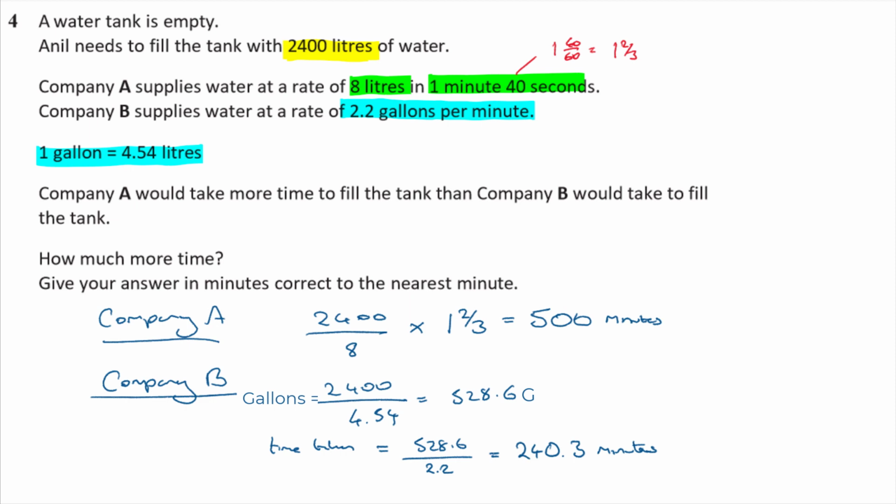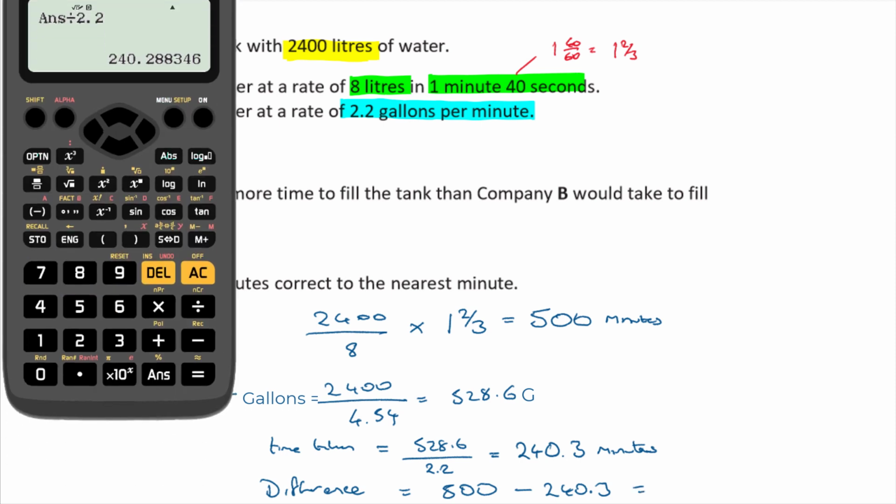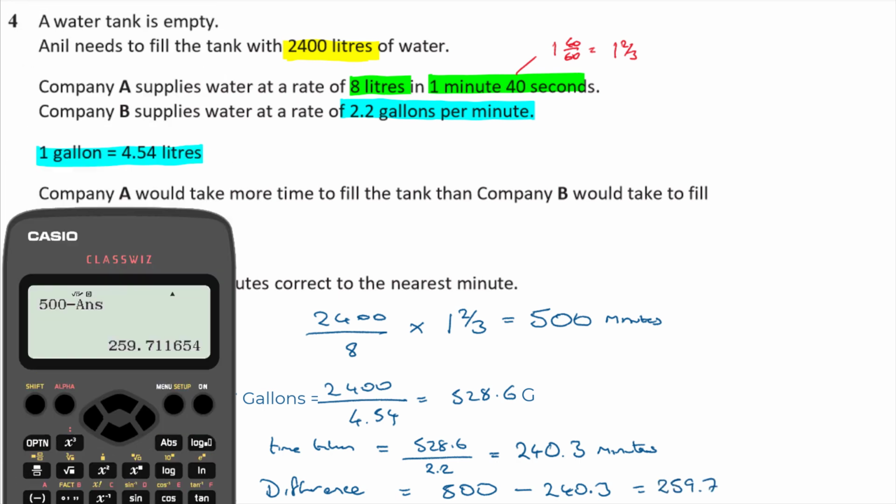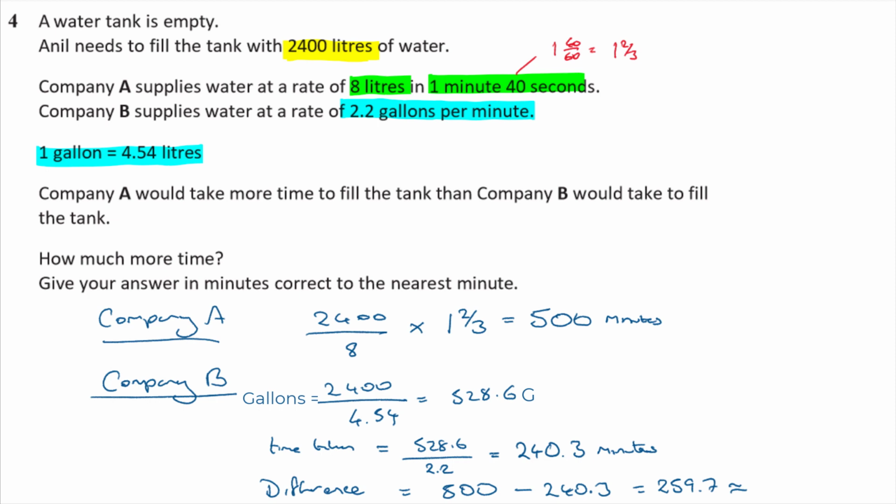So the difference is going to be 500 minus 240.3. So 500 minus answer comes to 259.7, which I'm going to round to the nearest minute. So that is equivalent to around about 260 minutes to the nearest minute.